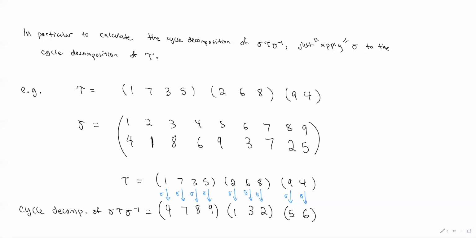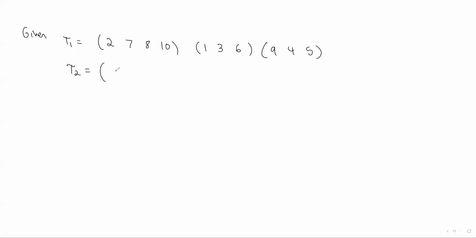And this works in reverse too. So what if I asked you, given tau 1 equals, let's say, (2 7 8 10 1 3 6 9 4 5), and tau 2 equals, I don't know, I just have to pick some random numbers, (1 5 3 8 9 10 4 2 6 7).